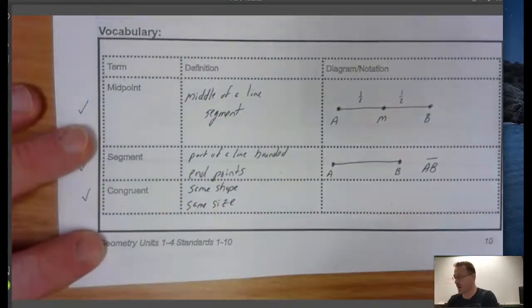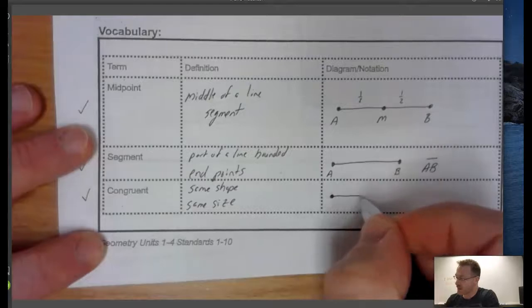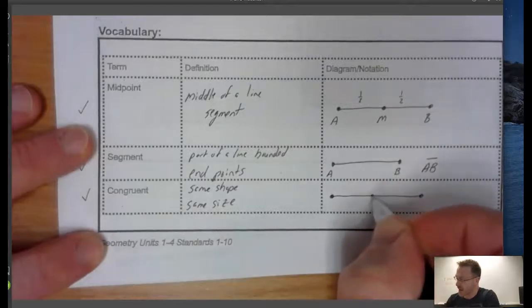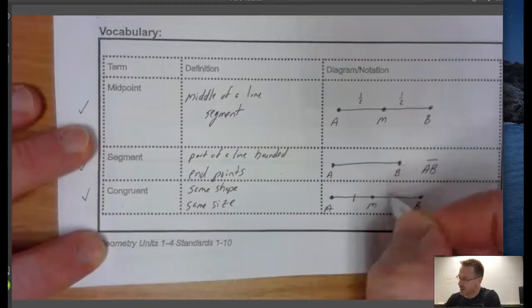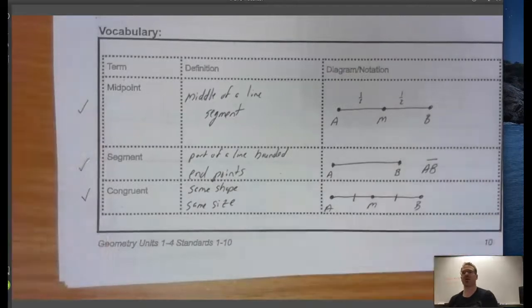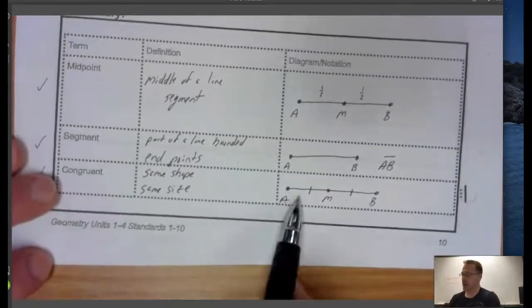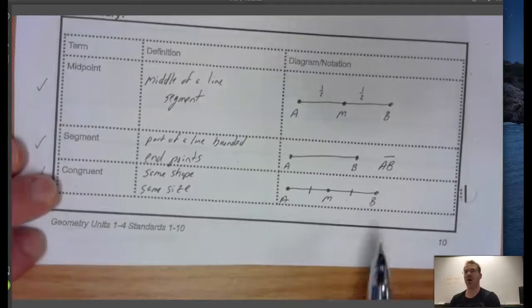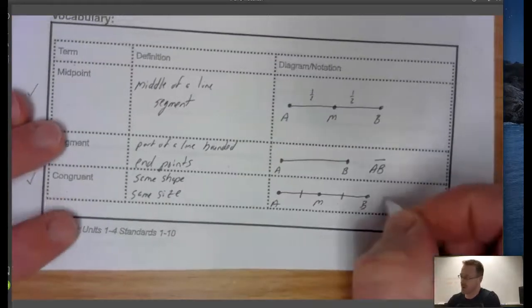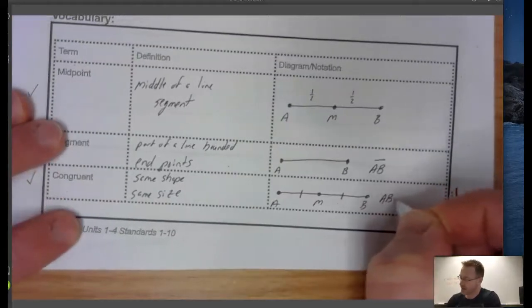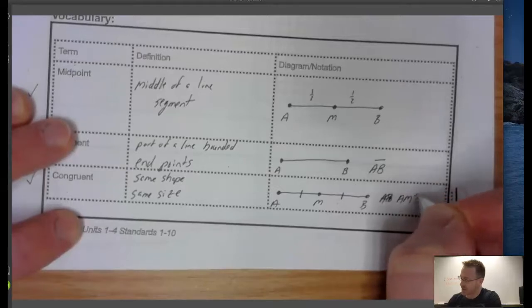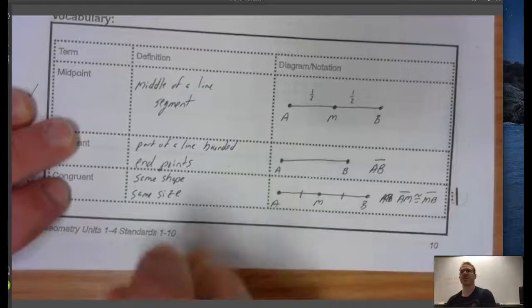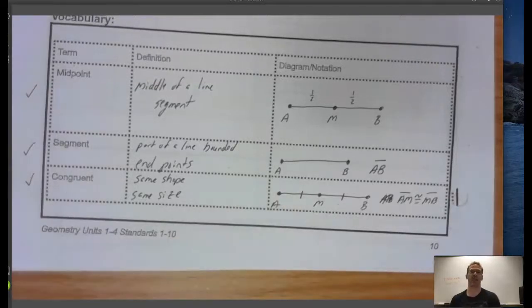The way we mark that is once again we have our segment, and maybe we have M here in the middle of AB, and we use little tick marks on the lines to notate that. So this means that AM and MB are congruent, and the symbol for that is this congruent sign. So AM is congruent to MB, and once again, those are both line segments, so we put the little bar over the top.